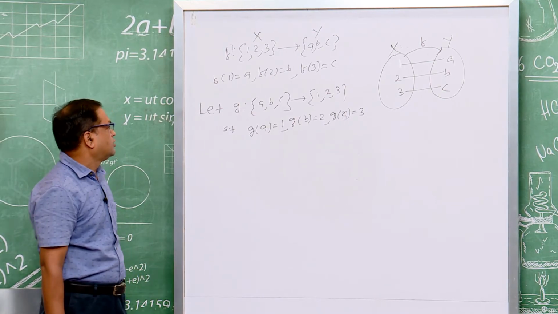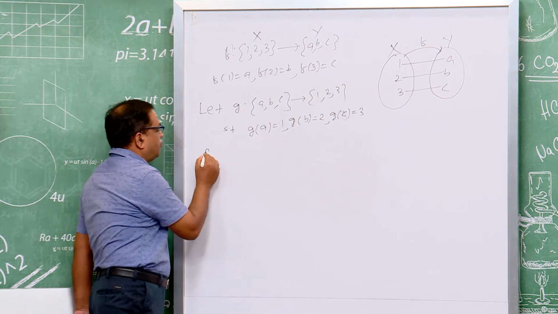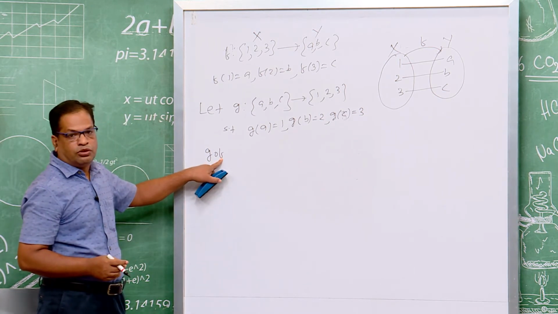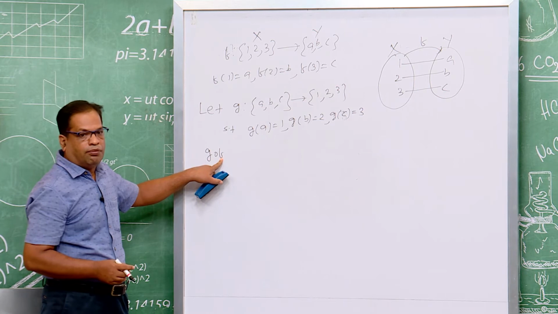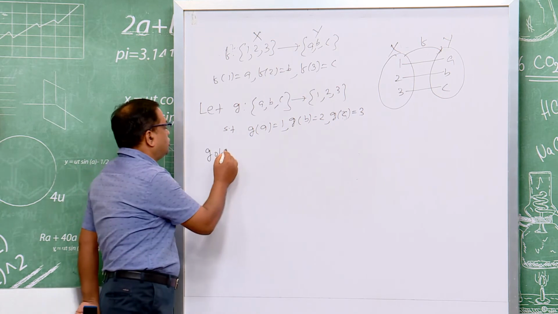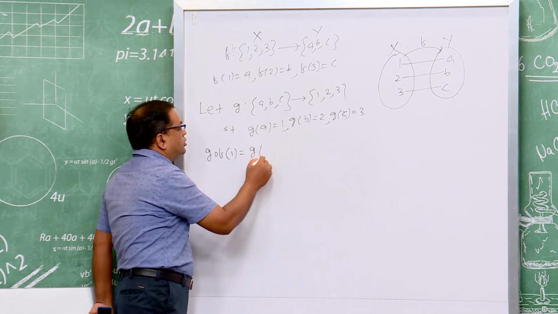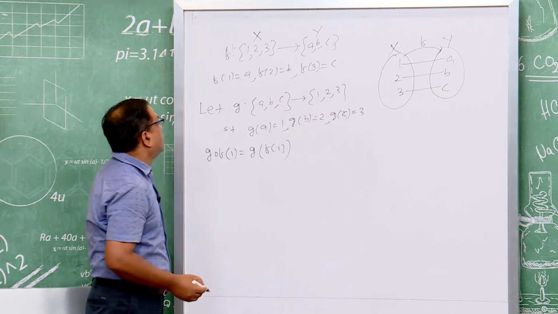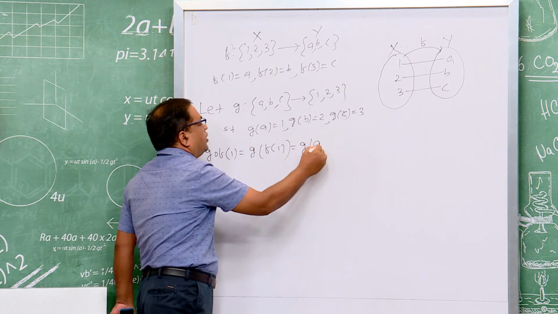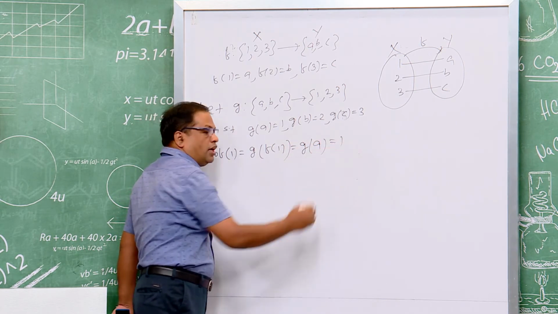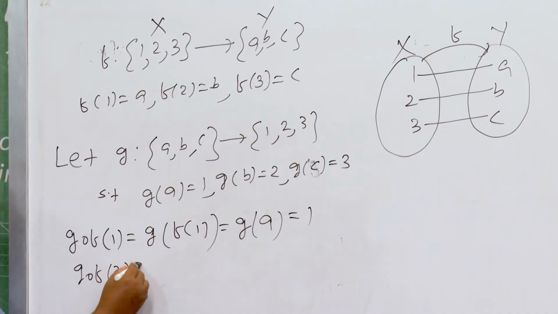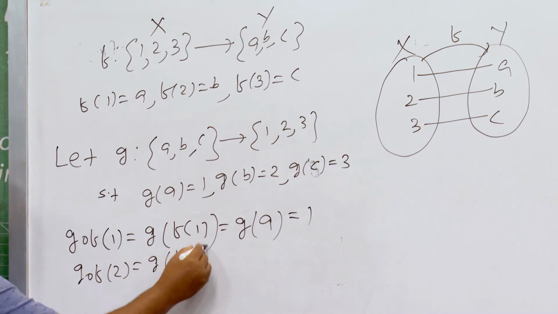Now, let us calculate g composition f. So, g composition f is calculated on the elements of the domain of f. Domain of f is {1, 2, 3}. So, g composition f of 1 is equal to g of f(1), that is f(1) is A. So, g of A is 1, and g composition f of 2 will be g of f(2).